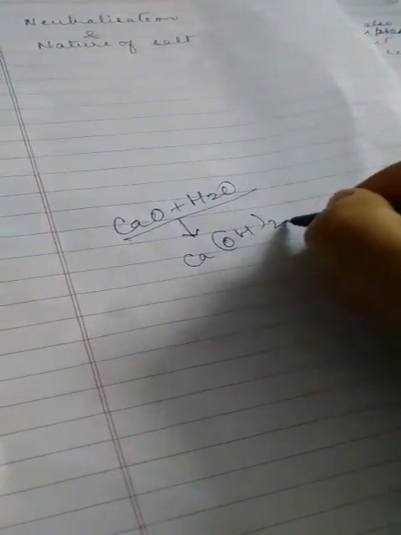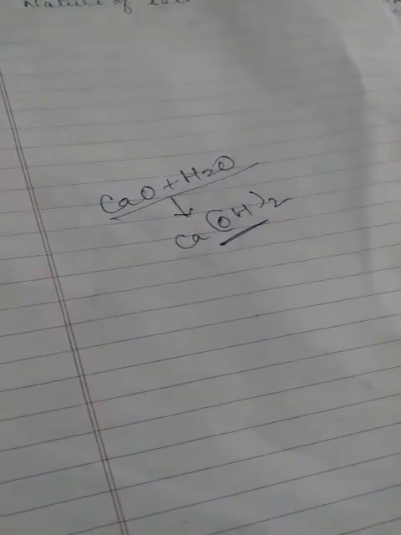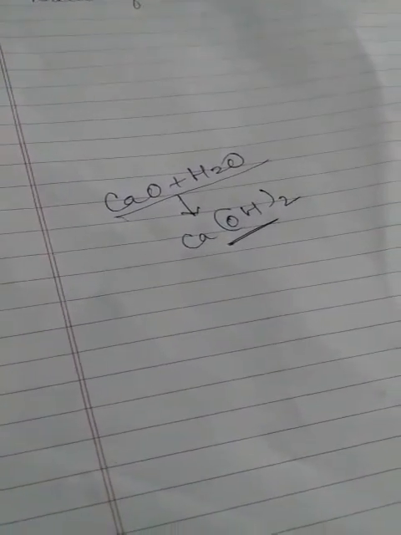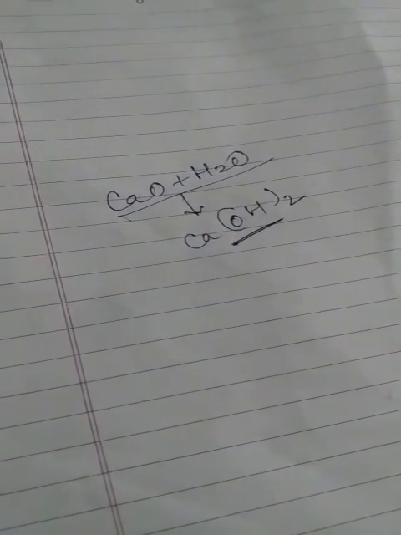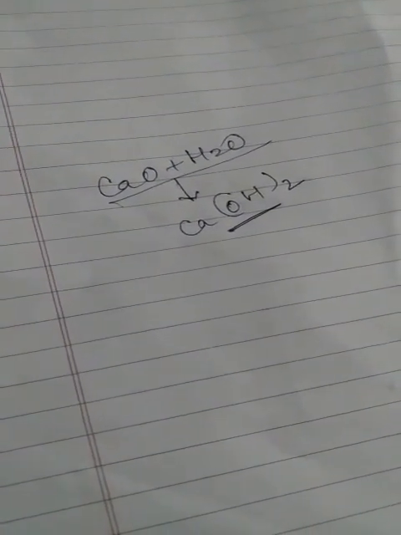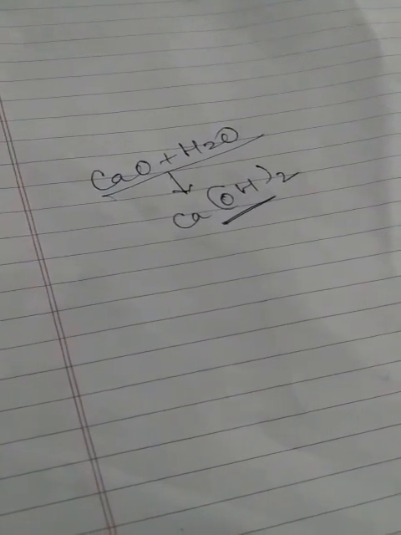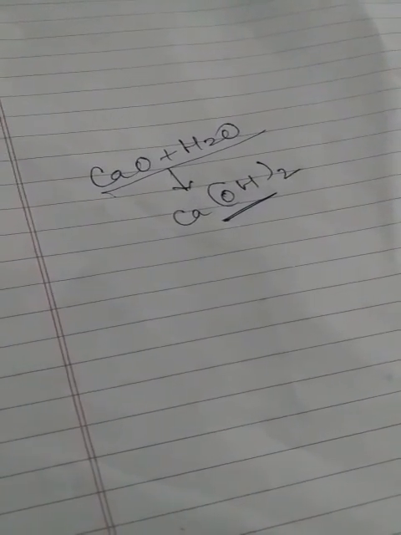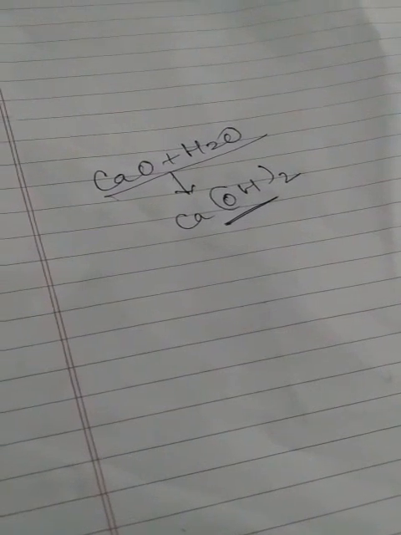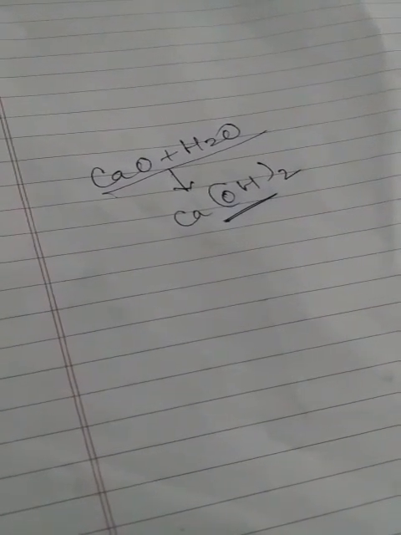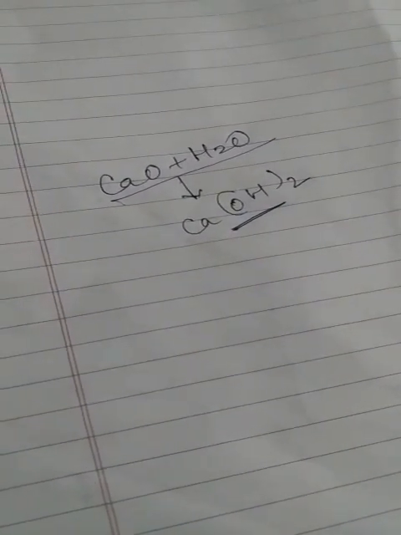Is it completely soluble in water? Calcium hydroxide, as you know, is chuna, which is used in whitewashing. Are you sure that this calcium hydroxide is completely soluble in water? No, I think not. It is not completely soluble.